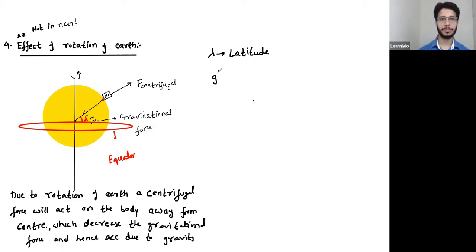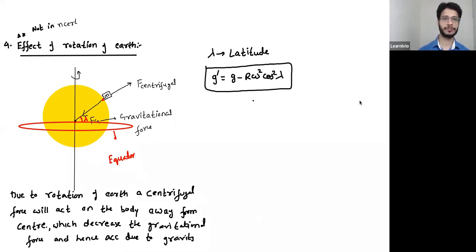So the expression for acceleration due to gravity is g prime is g minus R omega square cos square lambda. So this g is the same value, it's 9.8 meter per second square. This omega is angular velocity of rotation.